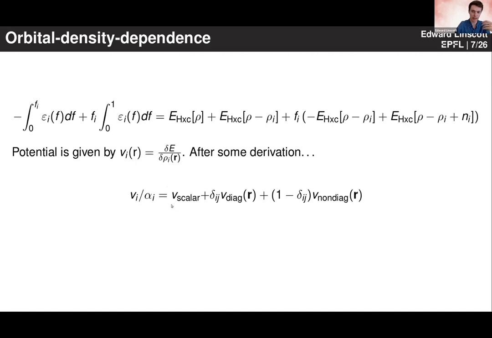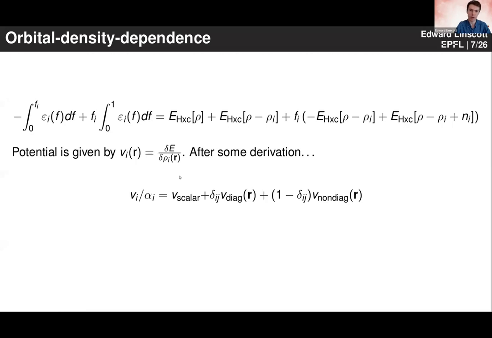So the first part is a scalar term. The second part is a term that has some spatial dependence, but it's diagonal in the orbital indices. So i and j here are the orbital indices. And then finally, we've got a non-diagonal part here. And so here, very clearly, we've got a potential that is going to be dependent on the orbital in question.